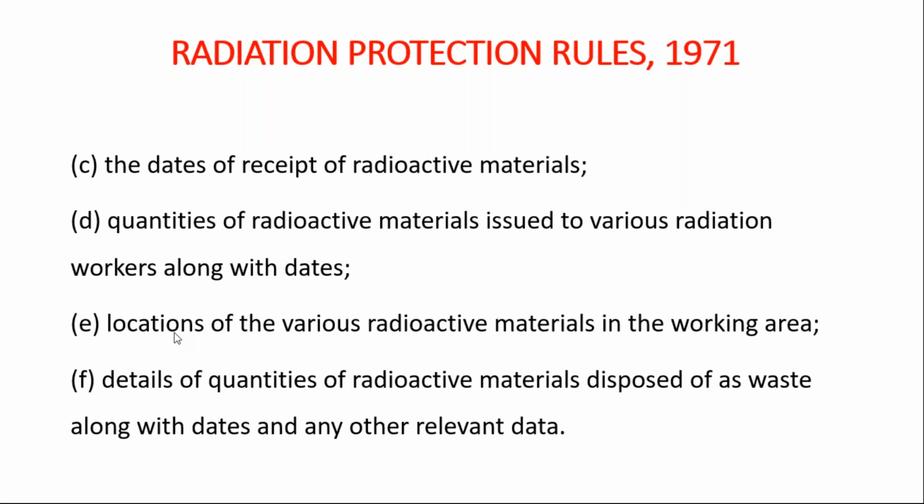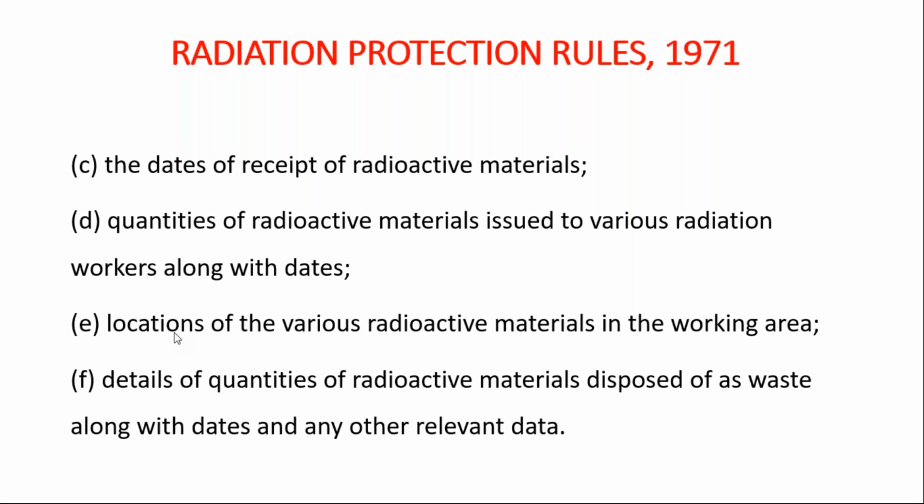Then rule number 34 is related to the duty of the radiological safety officer to carry out certain tests. So we have already discussed the functions or duties of these radiological safety officers. One of the additional activities which can be carried out by the radiological safety officer is the test for leakage.